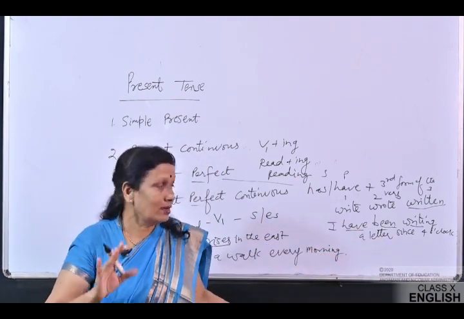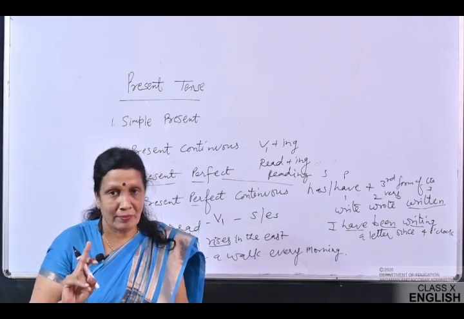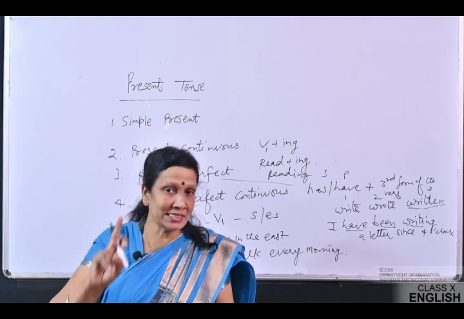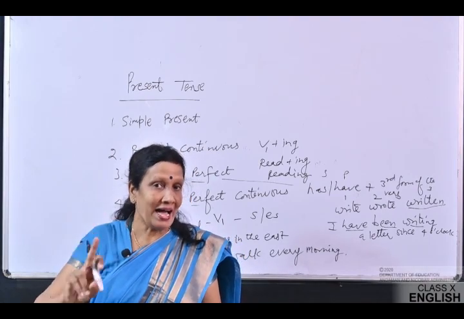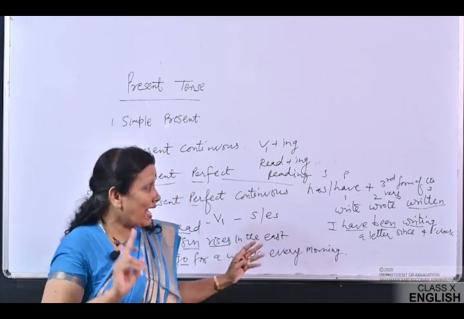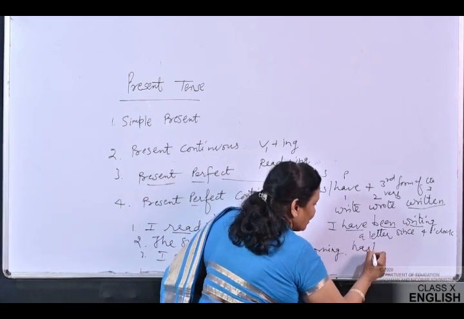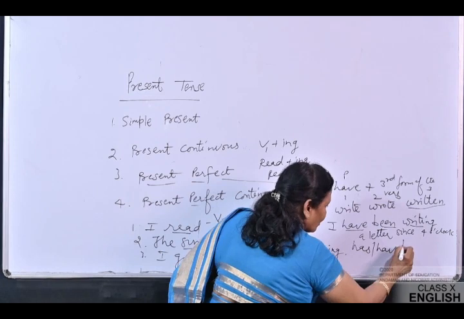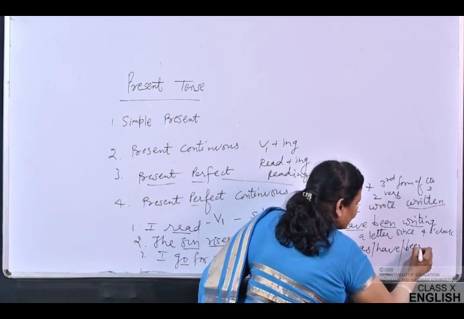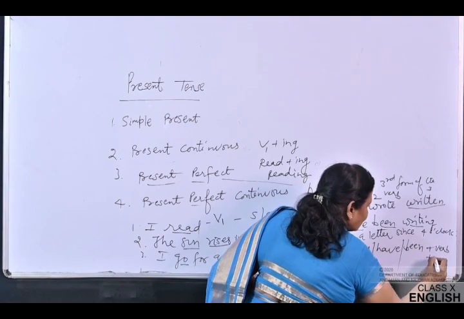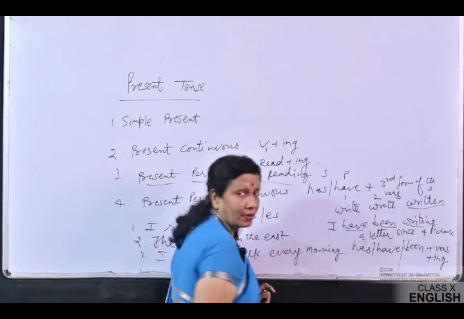It has been raining since morning. That means it started raining and now also it has not stopped. It is raining. So, it has been. So, has or have plus been plus ing. Okay? Please remember this for the present perfect continuous.